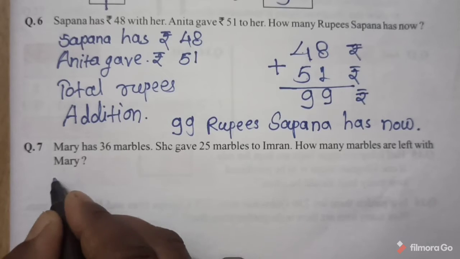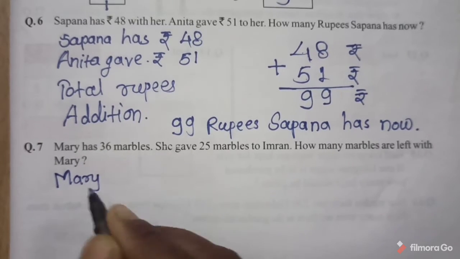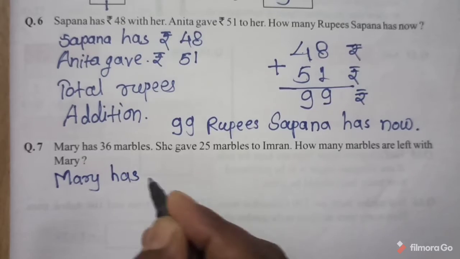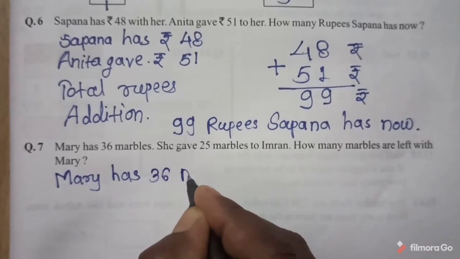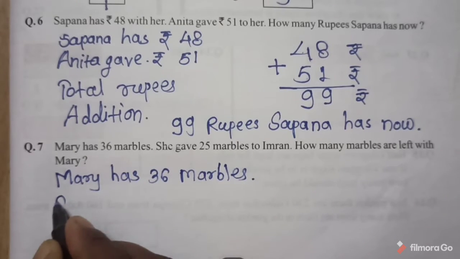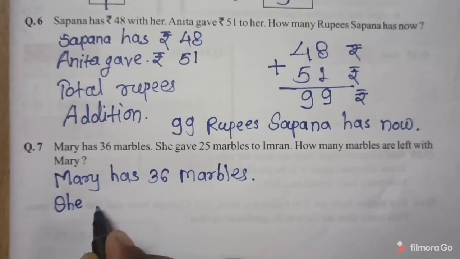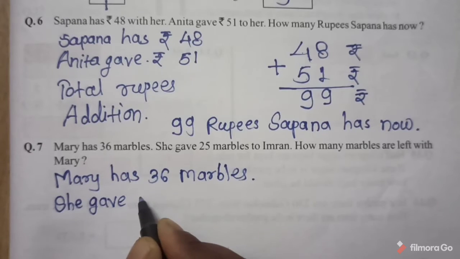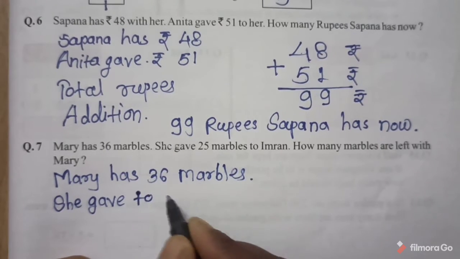Look at this. How many marbles does Mary have? First, what is given? Mary has 36 marbles. And she gave 25 marbles to Imran.